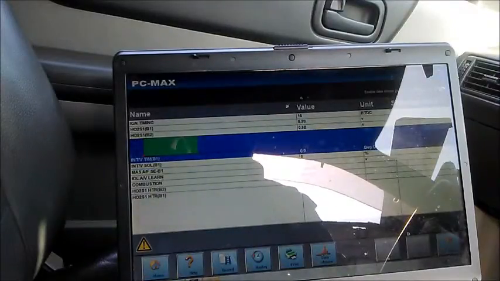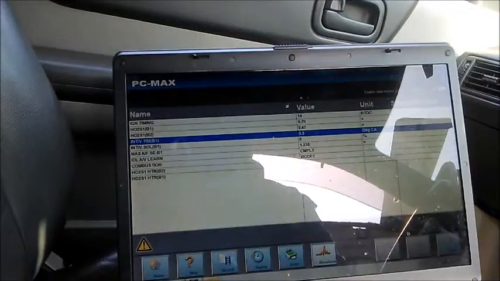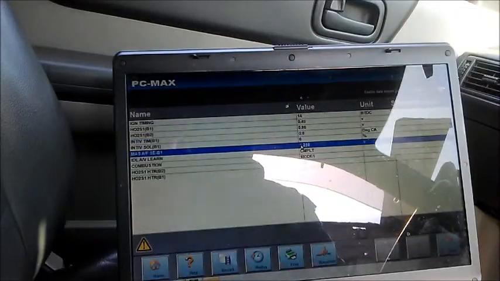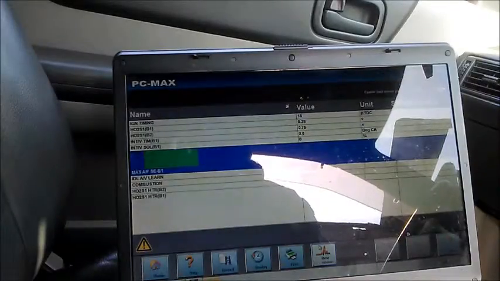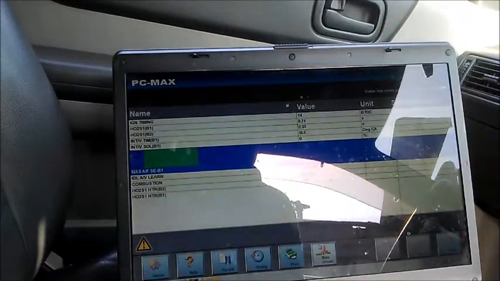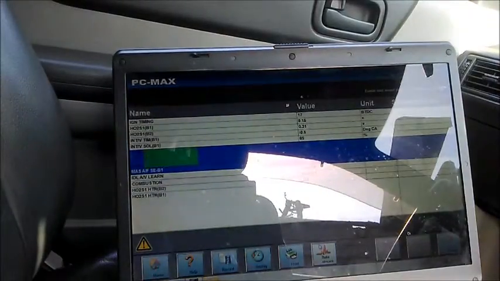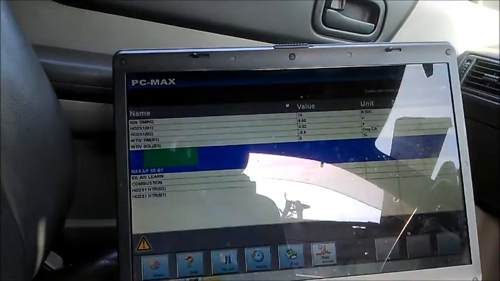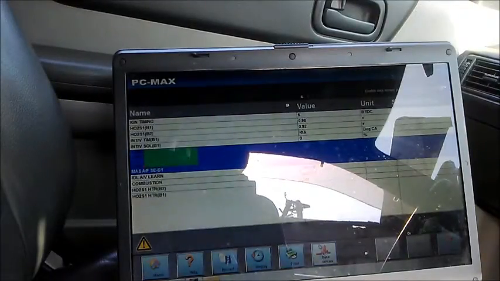I would wish to get the grams per second interpretation by the ECM for the mass airflow. I'm going to go back into the data and see if I can find it, but see, I want to see a maximum at wide open throttle of about 4 volts.